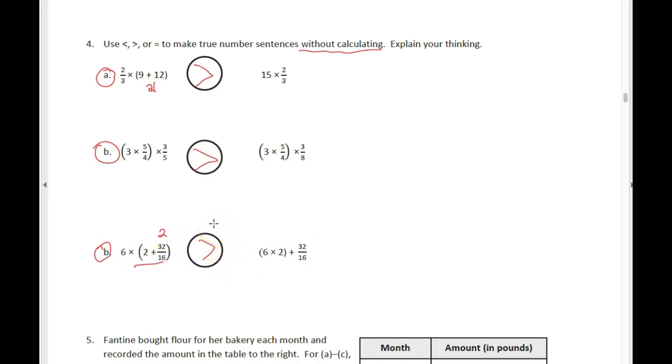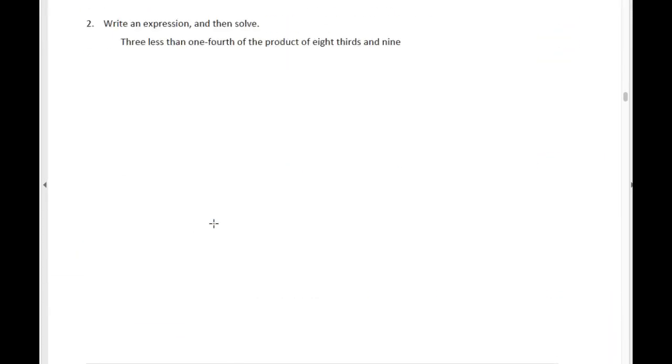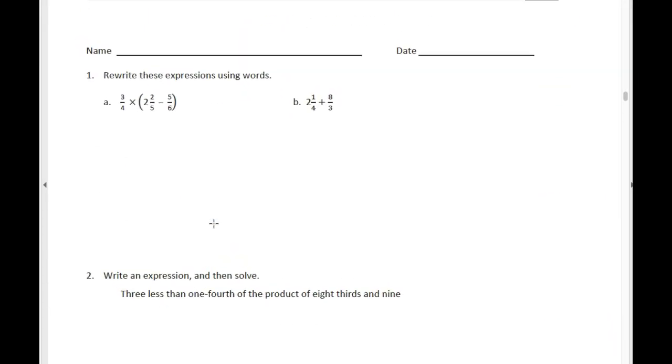Okay? All right, we're at that 10, 11 minute mark. Here's your homework. What I would like for you to do tonight, just do number 1, A and B. It's asking you to rewrite these expressions using words.